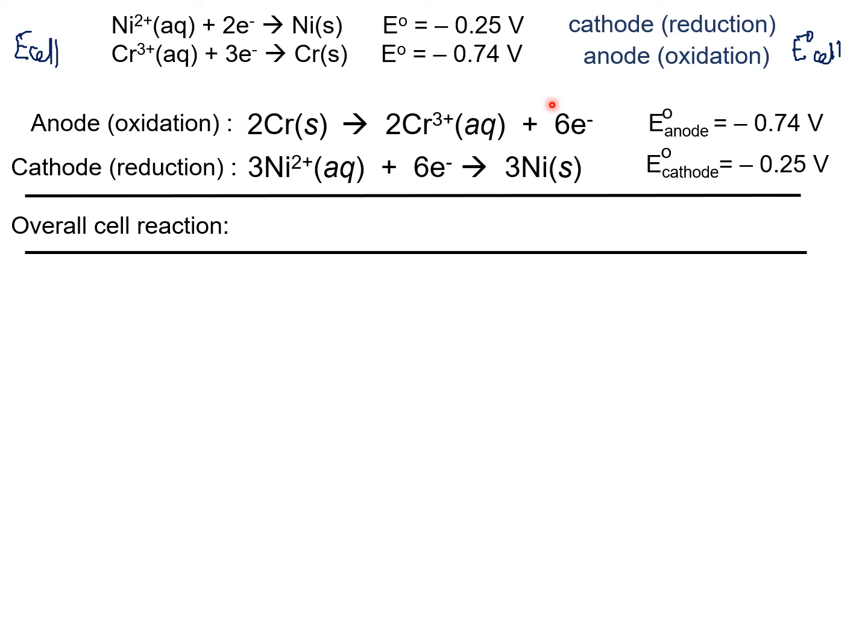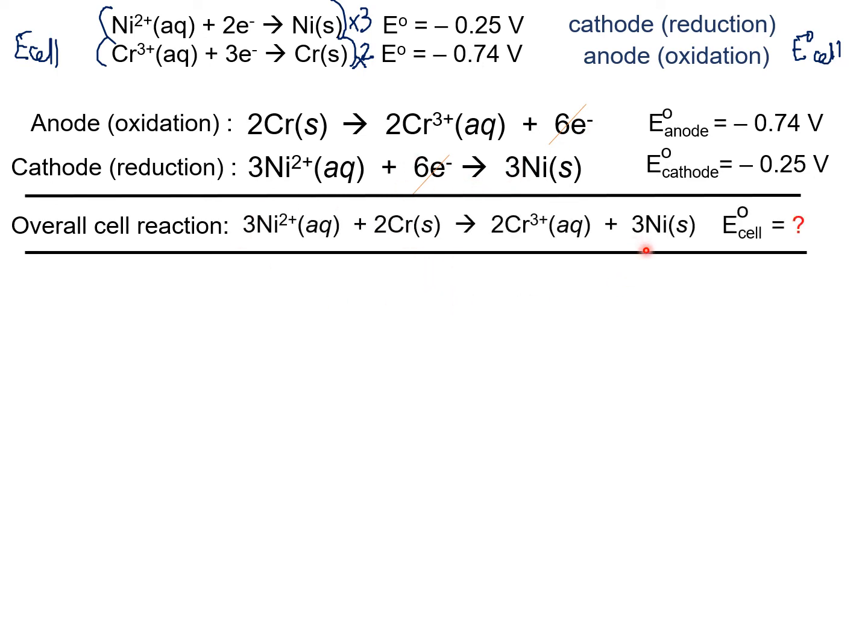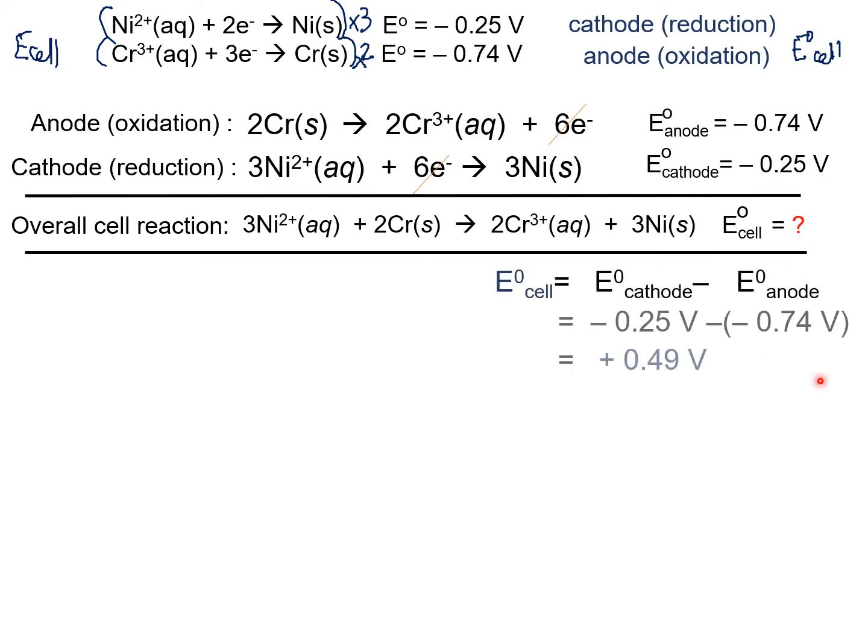And then next, after you have balanced out dia punya the number of electrons, okay, sebab ini 2 dia 3, so ini kena kalikan dengan 2, okay, and this one kena kalikan dengan 3, so that's why lah dia ada stoichiometric coefficient yang baru kat sini, okay. And after we can cancel out the 6 electrons here, and you will get this overall cell reaction equations. So how can you find the standard cell potential? By using this formula, and you masukkan saja and you will get your answer.